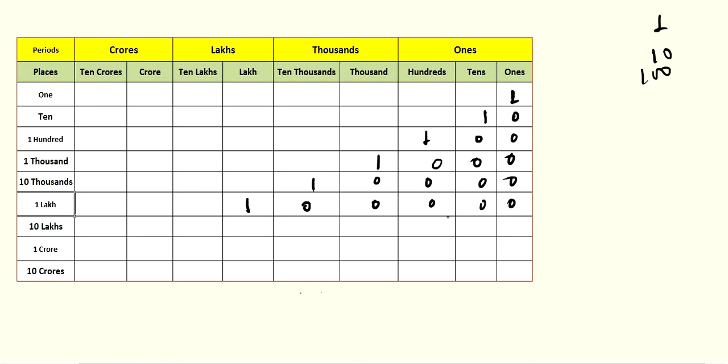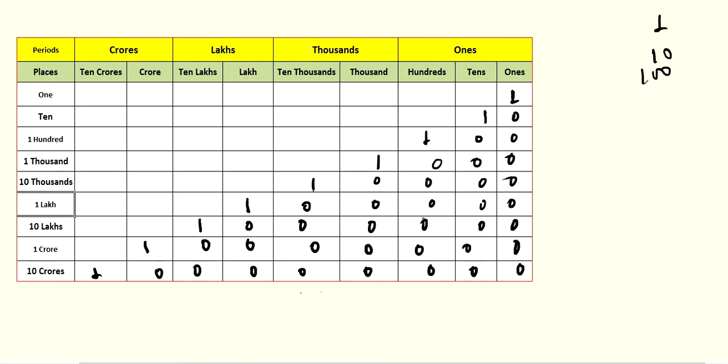1 lakh. Okay. Similarly, for 10 lakh, 0, 0, 0, 0, 0, 0, 1. Then for crore, 0, 0, 0, 0, 0, 0, 0, 1. This is 1 crore. Then the last, 10 crore, this is our 10 crore.